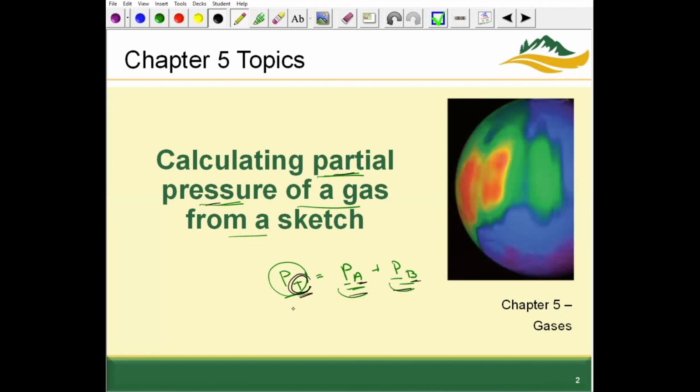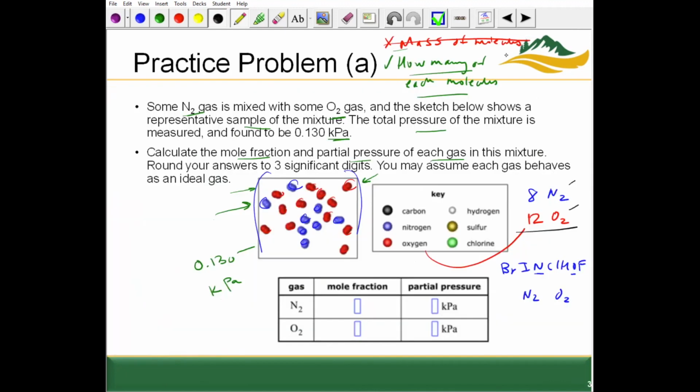The total number of molecules relates to the total pressure exerted by both A and B. Because of this fact, we should also total this up. So out of our 20 ideal gas molecules, 8 of them are N2 and 12 of them are O2. That is the main component we need to solve this partial pressure problem.